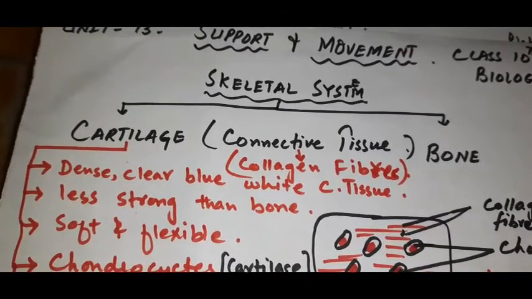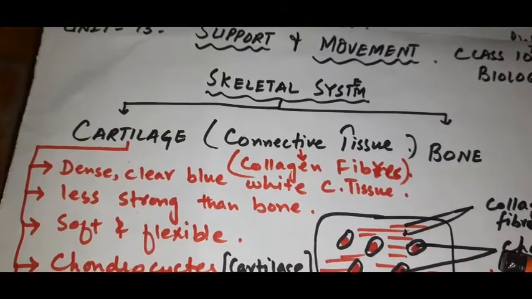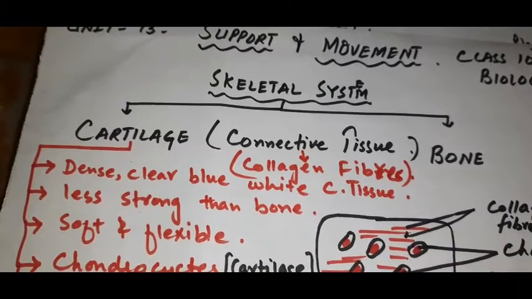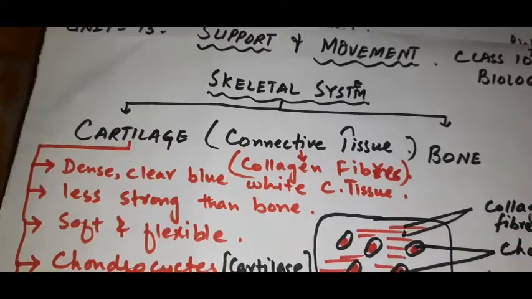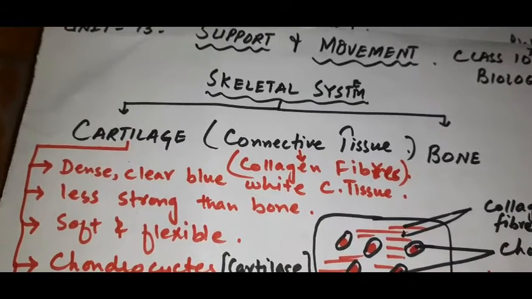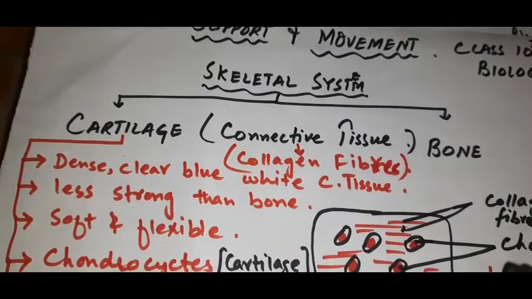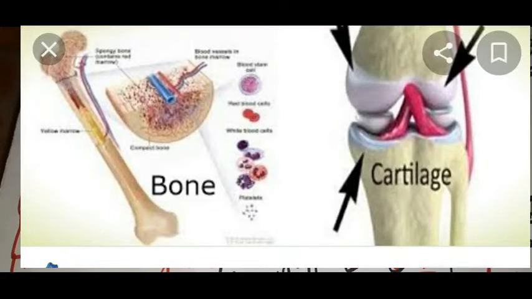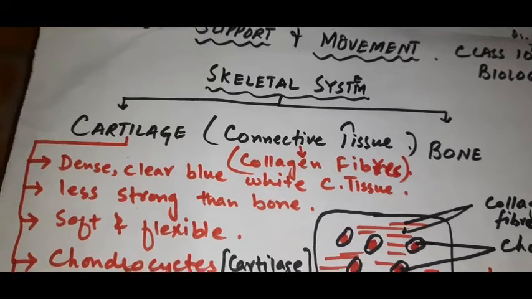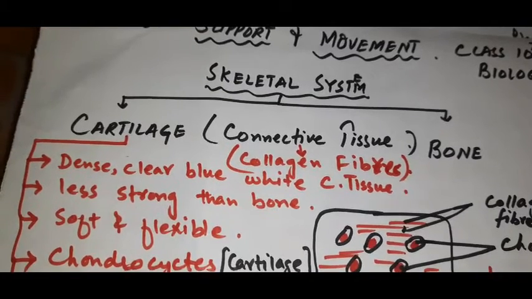So in a living body, the skeleton is very much alive. The basic components of the skeleton are bone and cartilage. Bone and cartilage are made up of living cells, and they also have nerves and blood vessels in them, and they grow and have the ability to repair themselves, right?